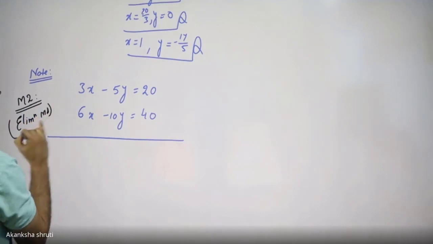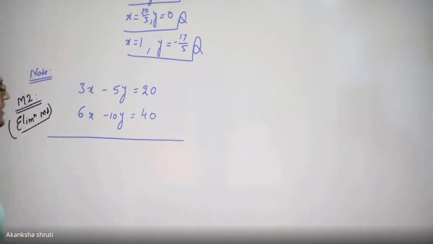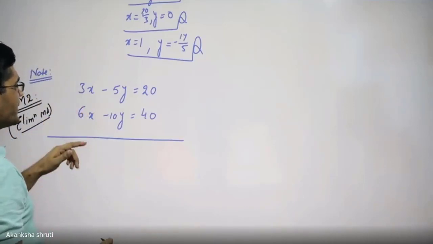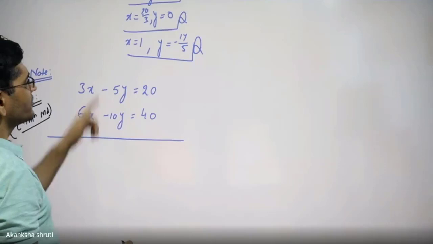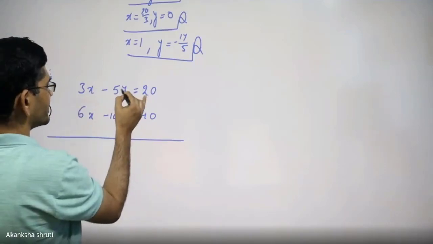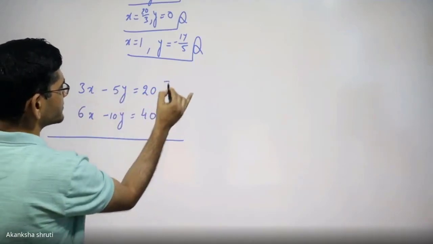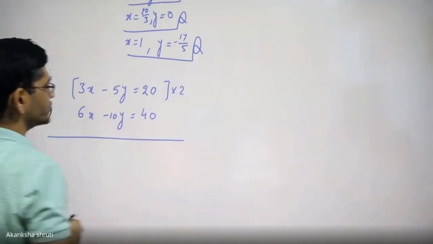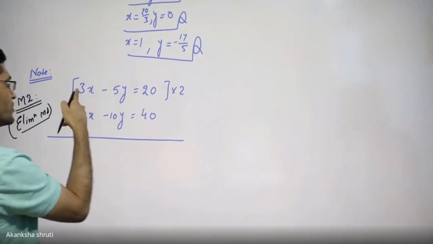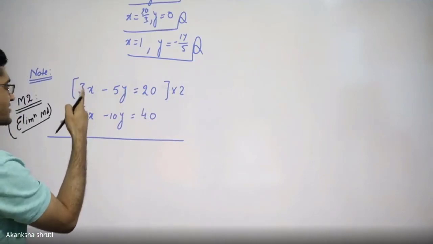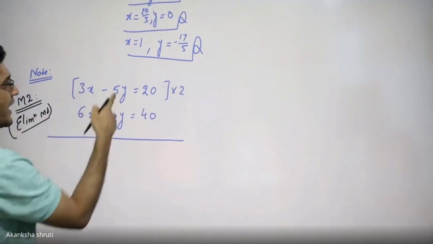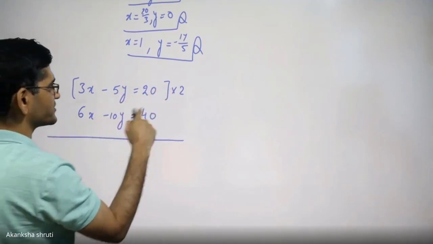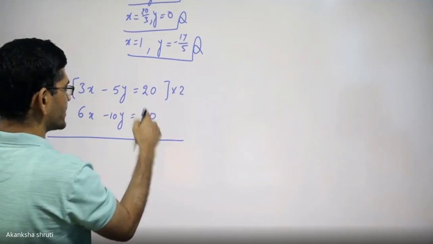If we apply this elimination method, we have to equate the coefficients. Let me equate the coefficient of y. It is 5, we want to make it 10, so multiply by 2. What are we observing? Multiplying by 2, 3 2s are 6, and 5 2s are 10, the same coefficient. 2 20s are 40.